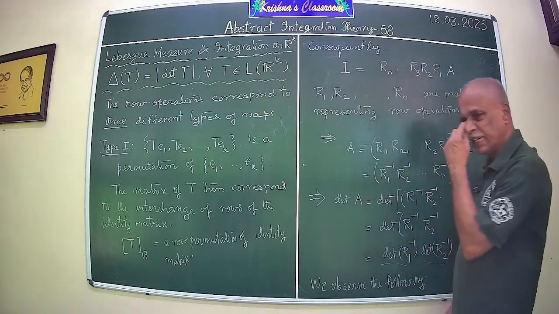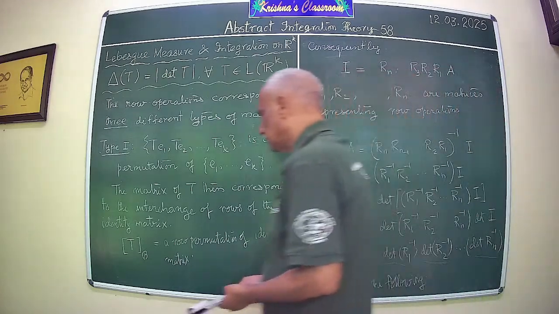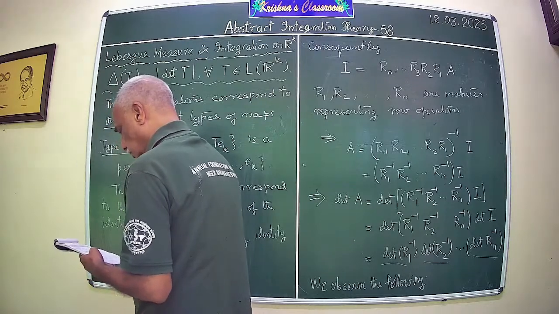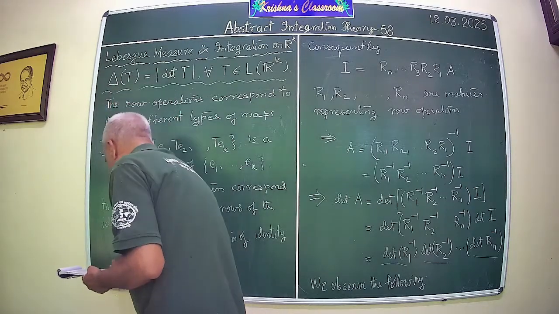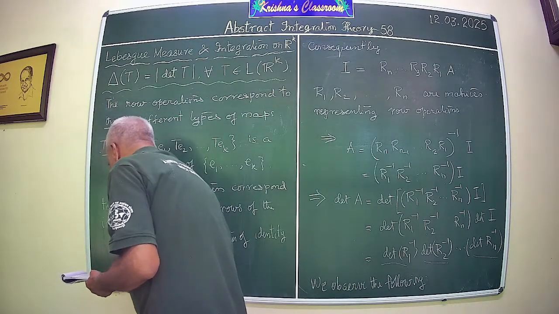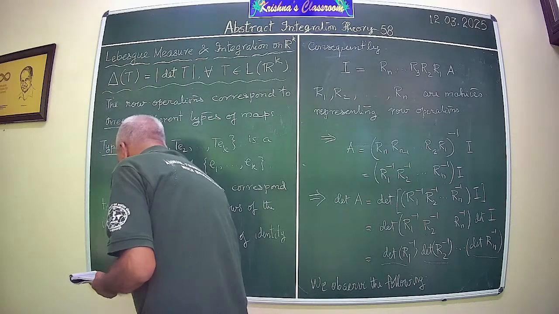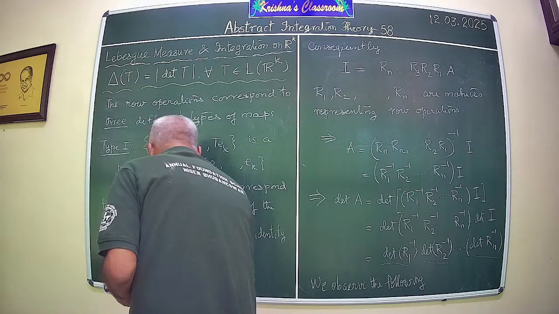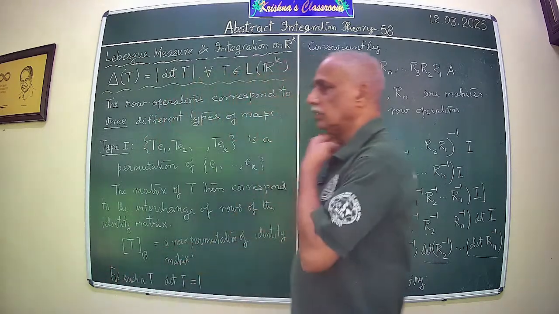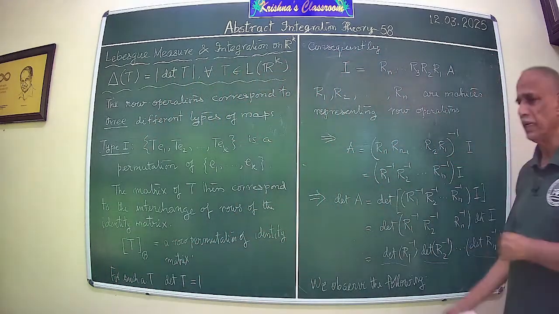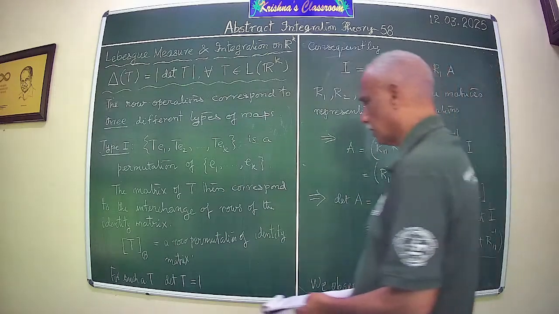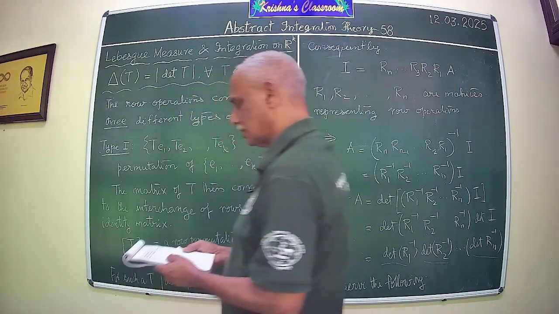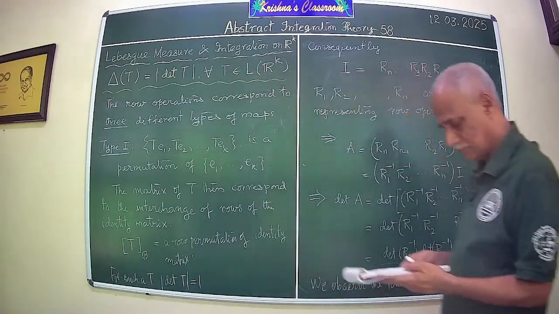For such a T, determinant of T is equal to 1, or simply, modulus of determinant of T is equal to 1.